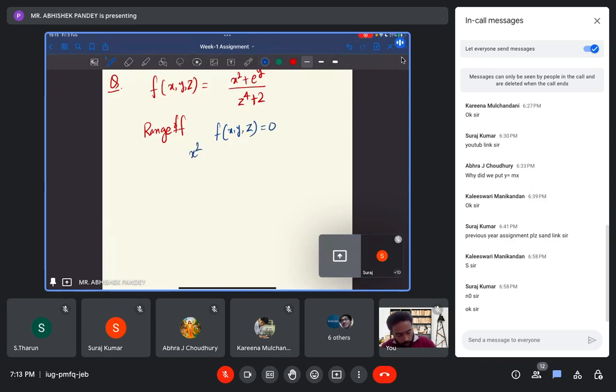So x square plus e to the power y. Okay. So this is always positive and this is also positive, and this cannot be 0 for any x, y, isn't it?